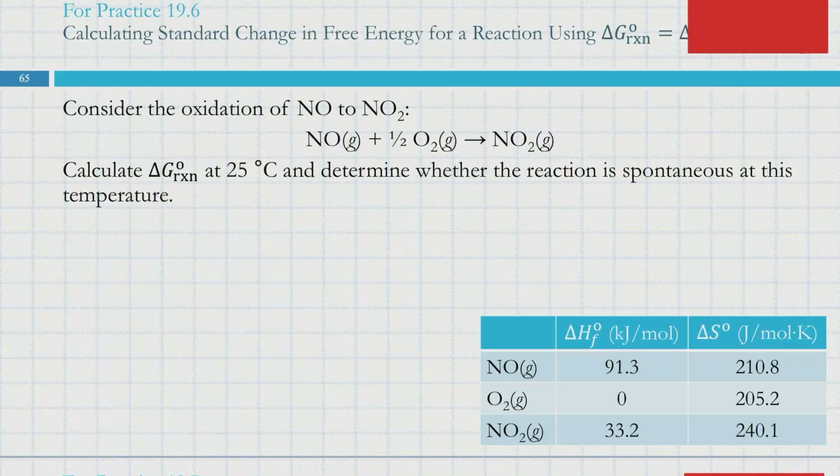What products do we have? Yeah, we have NO2. NO2 is our only product. It does not have a coefficient, so it's a coefficient of 1.